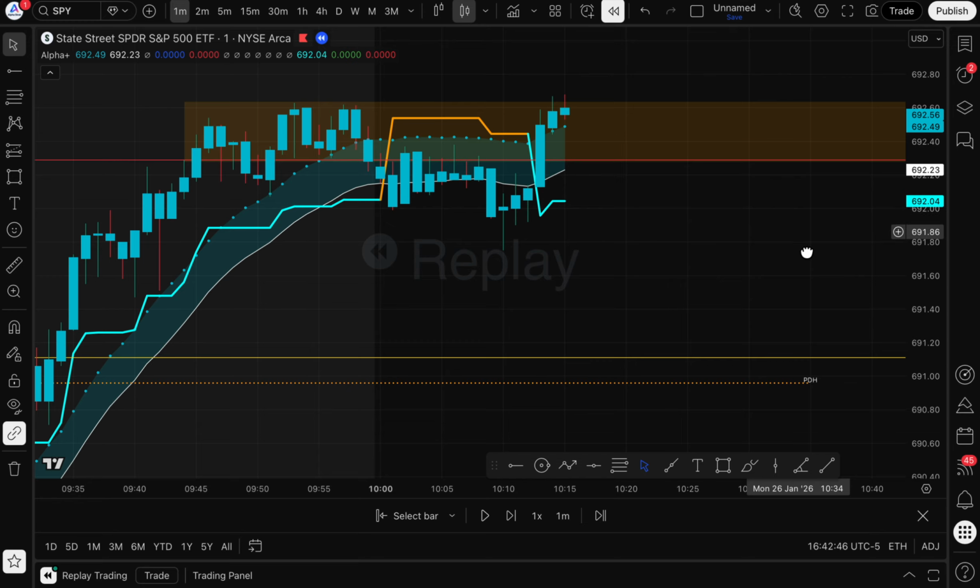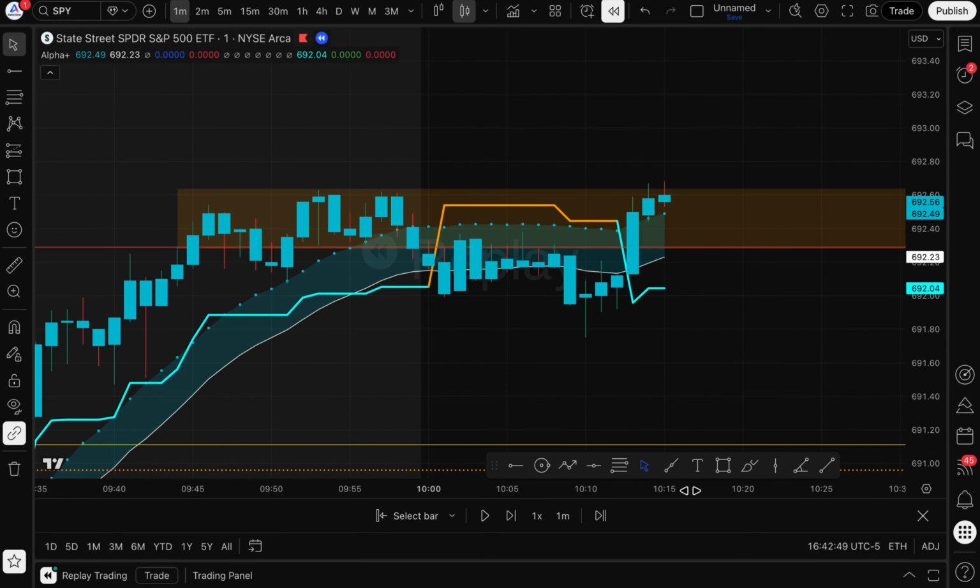One thing I want to make clear: when I very first started trying to learn this strategy, I would buy when the price was here, and I was like, oh my gosh, it's going to go higher.